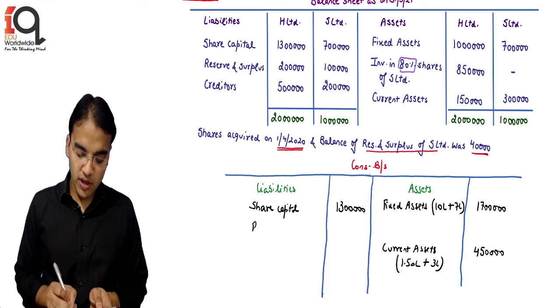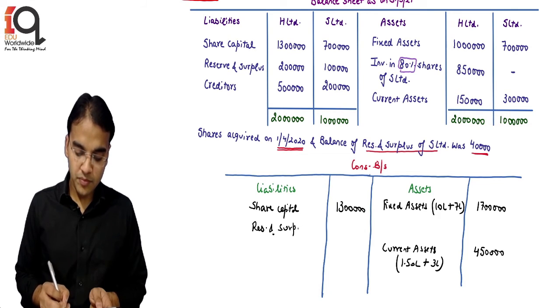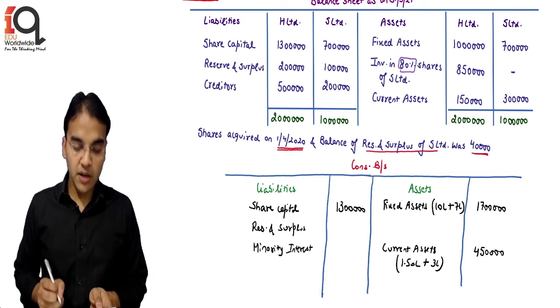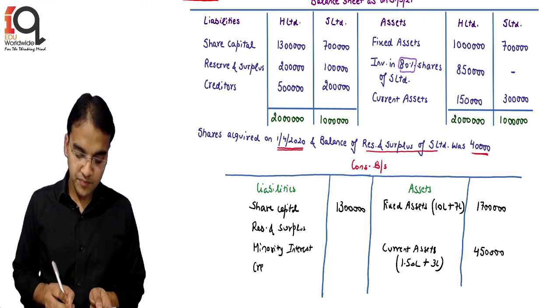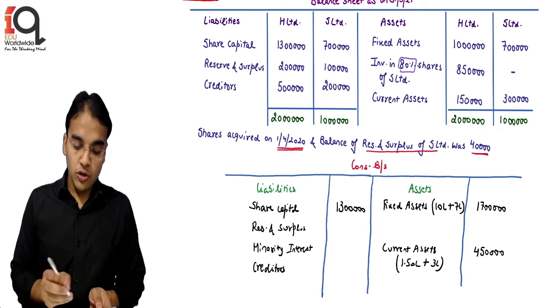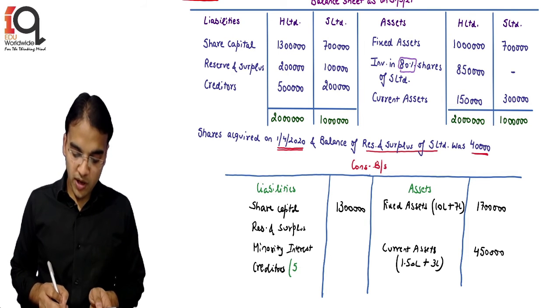Then there is something known as reserves and surplus, then minority interest will also come, minority interest, and then there are creditors as well. So creditors are 5 lakh plus 2 lakh, which is 7 lakh.